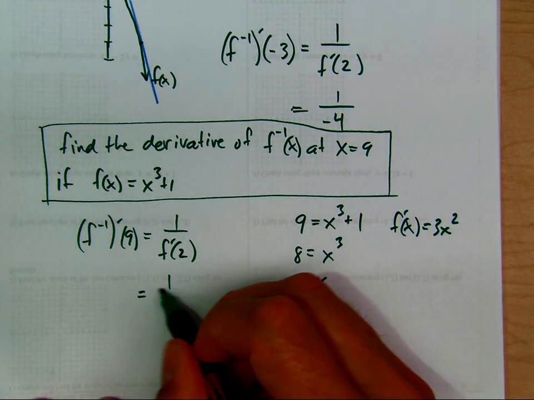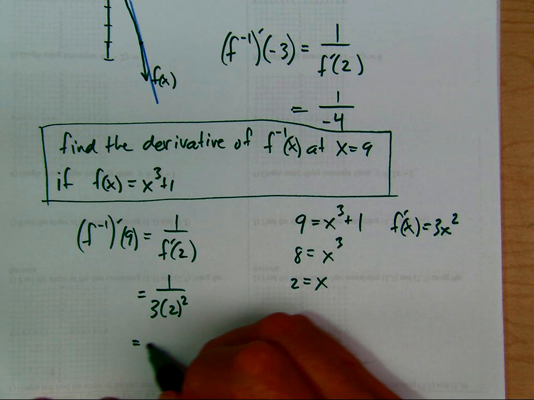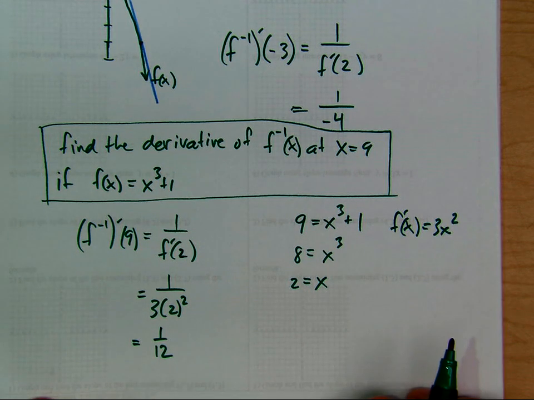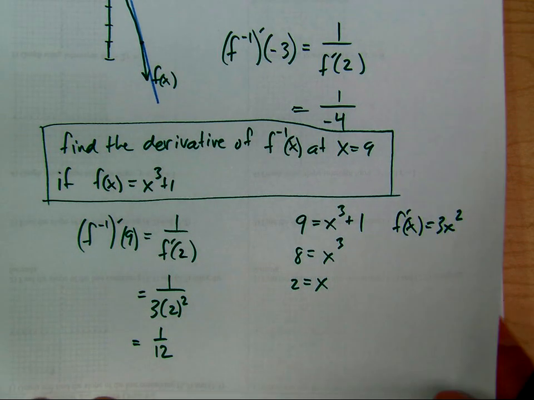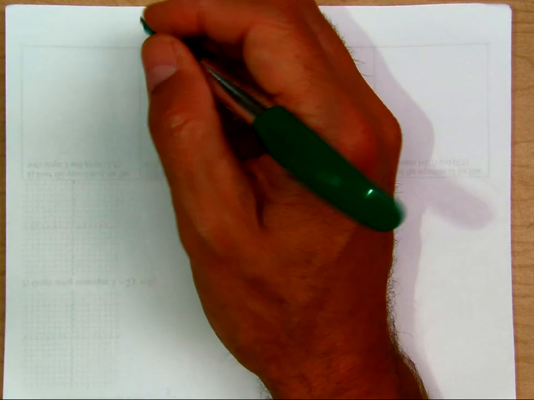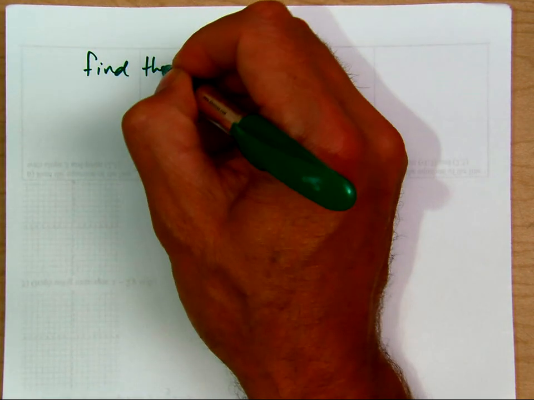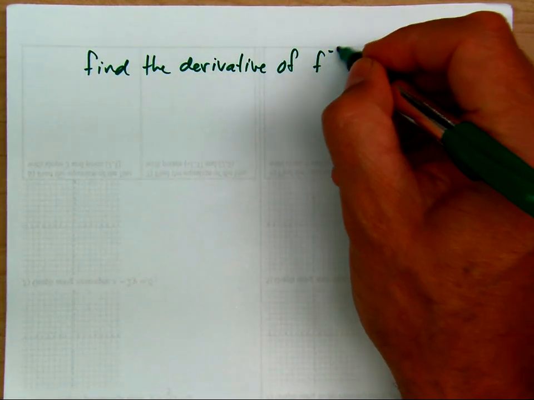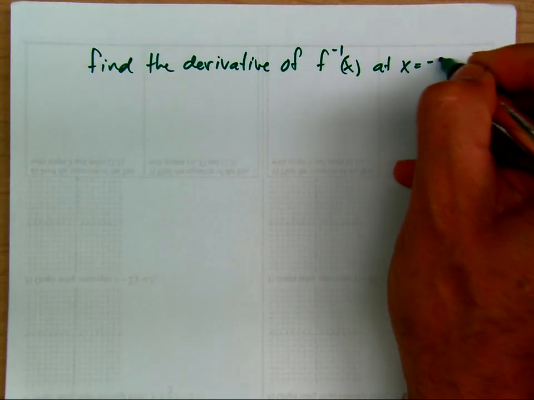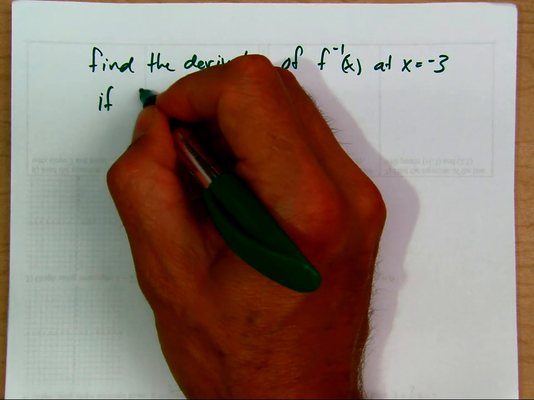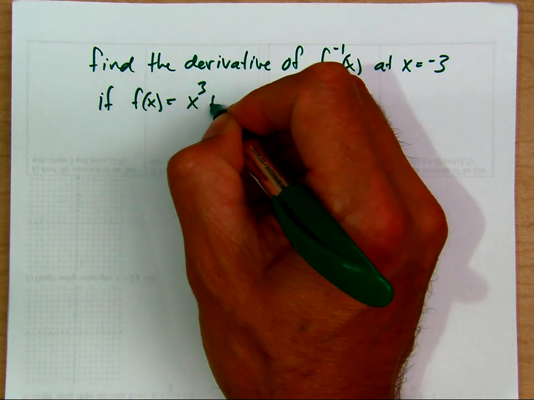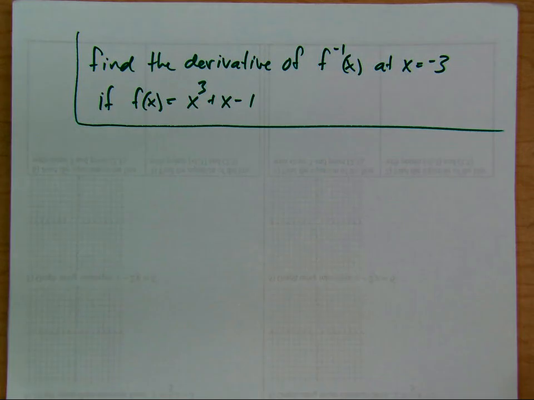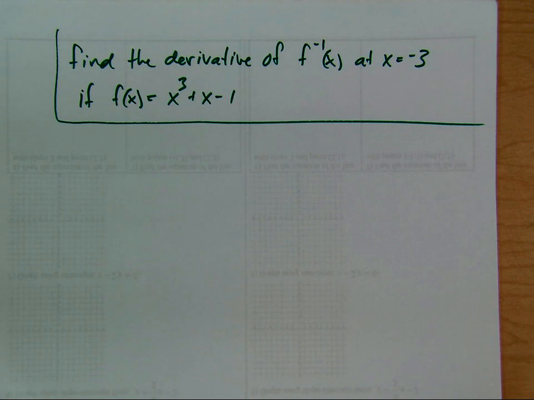So we'll have 1 over 3x squared, and we get 1 over 12. Pause the video and try that one.